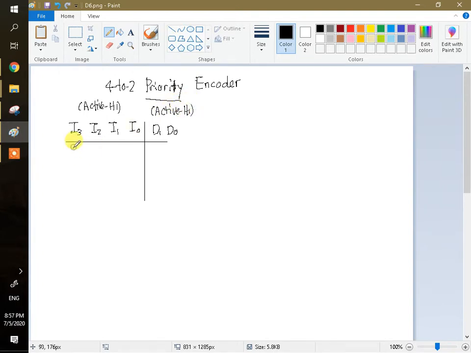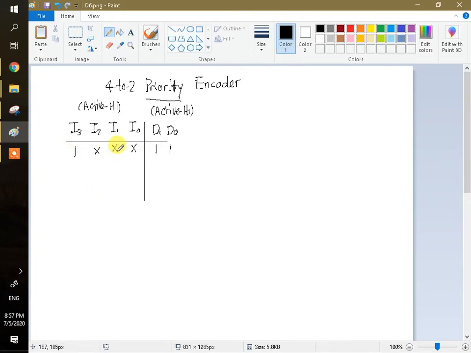So when this I3 is activated, no matter whether you activate this one or not, we use a don't care. Whether it is 1 or 0 here is not important anymore. If this one is activated, the output must be 1 1, which corresponds to 3.